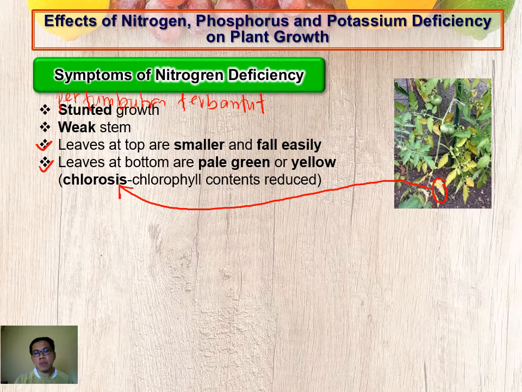Okay, the bottom leaf turns to yellow. It should be green actually. Dia sepatutnya warna hijau. But somehow this leaf turns to yellow. Daun ini bertukar menjadi warna kuning. It shows that the plant itself is less or lack of nitrogen. Dia kekurangan nitrogen.